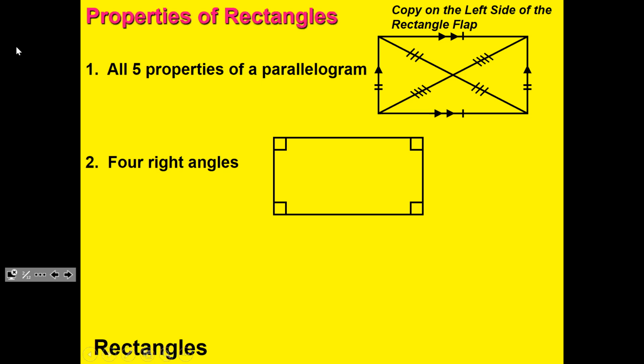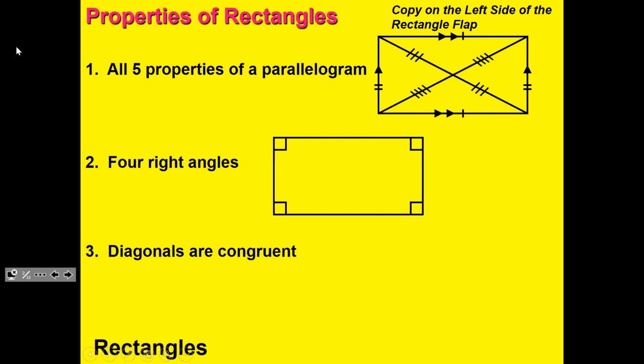Okay. Then we have another property to add here, and that is that not only do your diagonals bisect each other, your diagonals are congruent. So the one running from here to here is the same size as the one running from here to here.